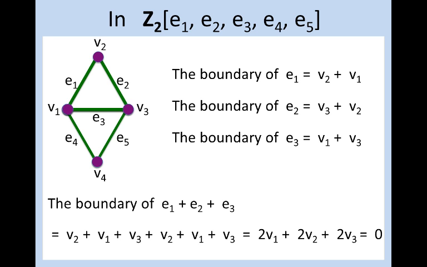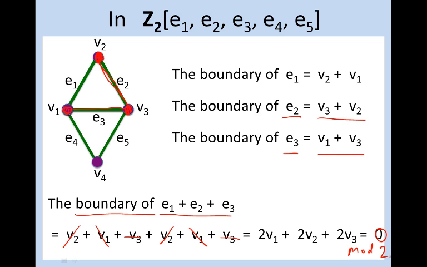The boundary of E2 is the sum of its boundary vertices, V3 plus V2, while the boundary of E3 is the sum of its boundary vertices, V1 plus V3. If we add together these boundaries, then all the vertices occur in pairs, thus everything cancels out, and we just get 0 mod 2.